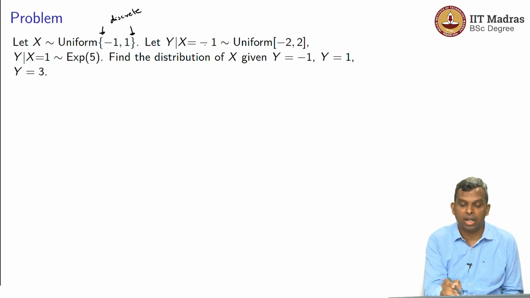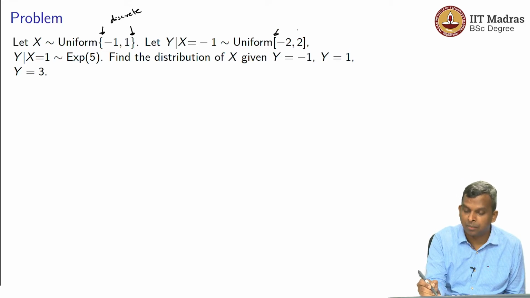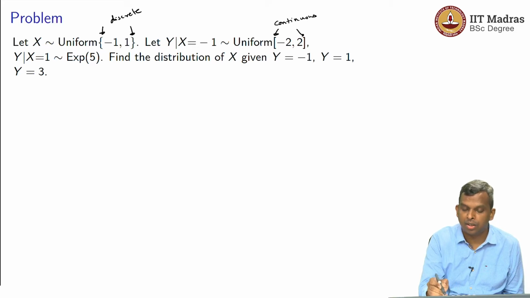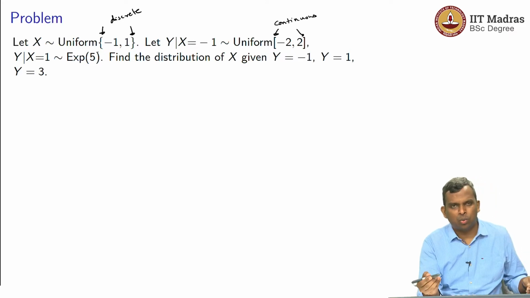Okay, so you can see that y given x equals 1, remember this is indicating that this is a continuous random variable. Right, and this is continuous density, -2 to 2 uniform, and this y given x equal to 1 is an exponential density with 5. Okay, I like to plot these things.